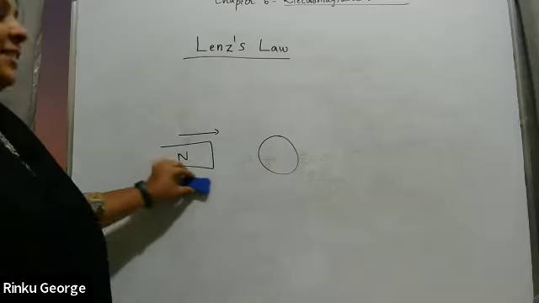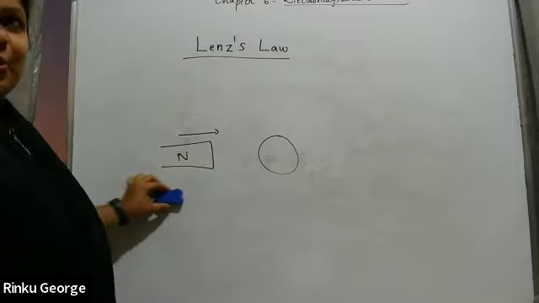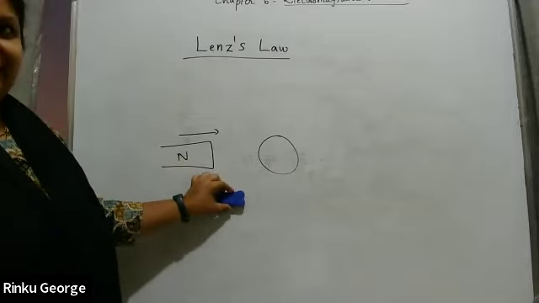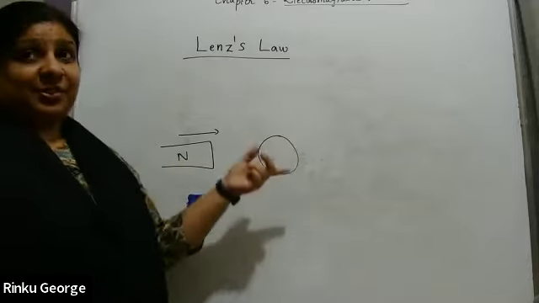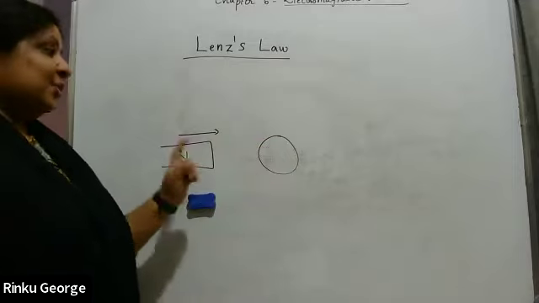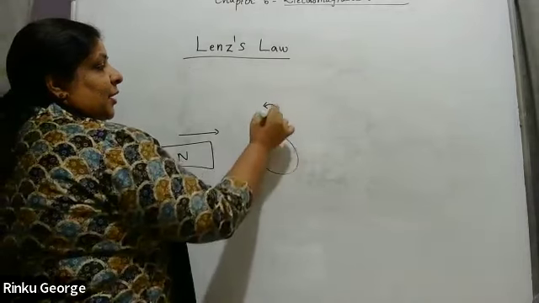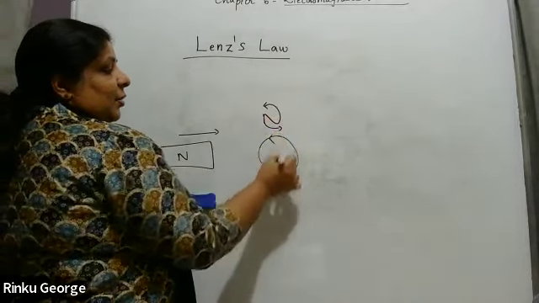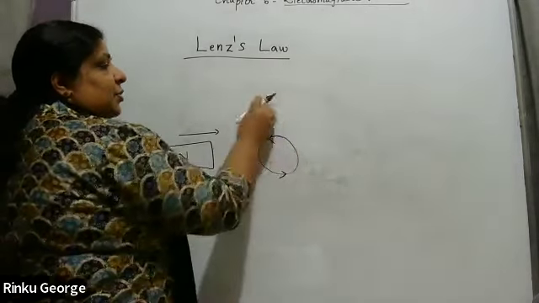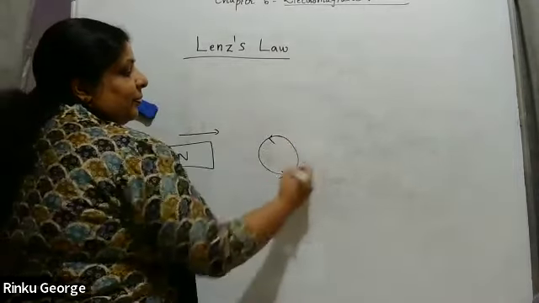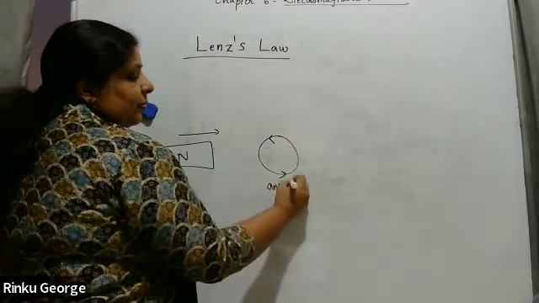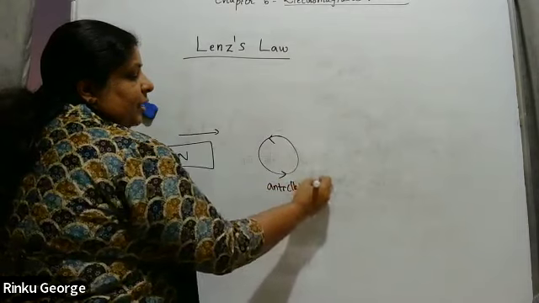See, North Pole is coming towards the coil. So, the coil will oppose. Opposing North Pole means what will be created? North Pole will be created. North Pole means anti-clockwise. So the induced current will be anti-clockwise.